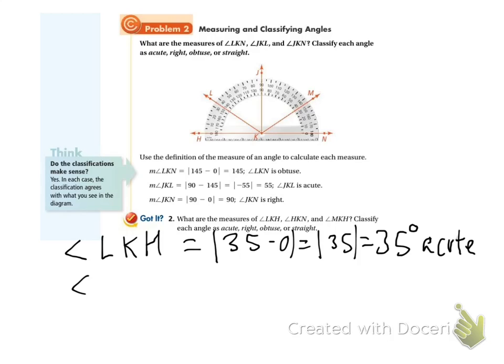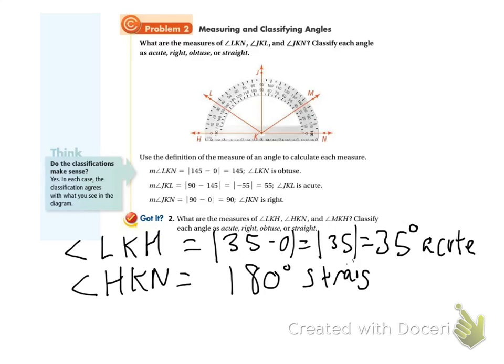Now if I look at angle HKN, that's a bad line, but that goes straight across. A straight line going from 0 to 180 is 180 degrees. And like I said, that's a straight angle.